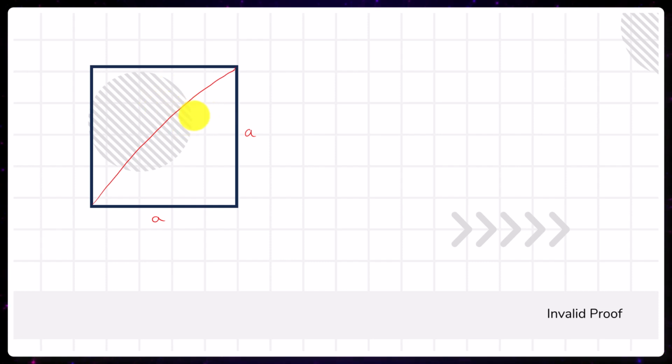I'm drawing on a drawing tablet and sometimes it's not perfect. So let's say this is x. We want to apply the Pythagoras theorem on this. So it would be a squared plus a squared equals x squared. And it gives us 2 times a squared equals x squared.